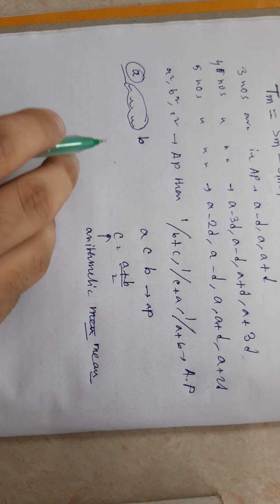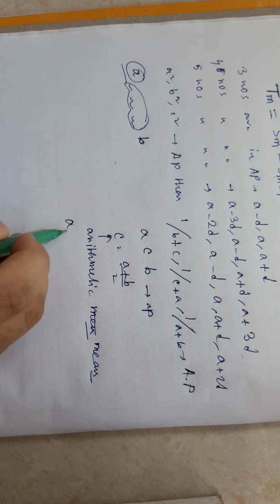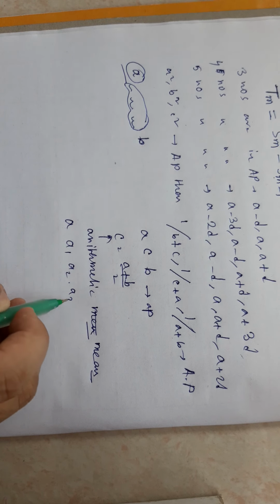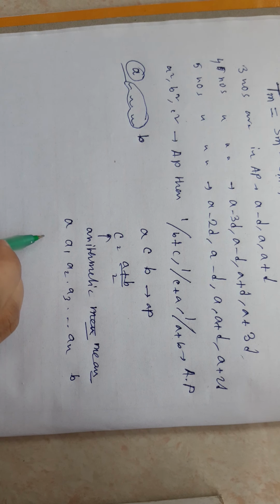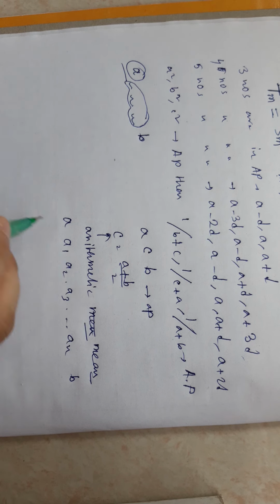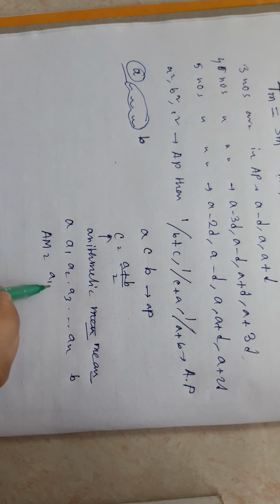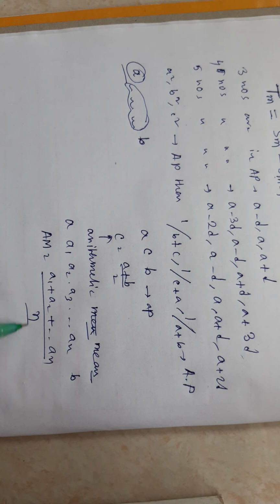If we consider n numbers in between a and b, like a1, a2, a3, dot dot dot an, then their AM is equal to (a1 plus a2 plus dot dot dot plus an) by n.